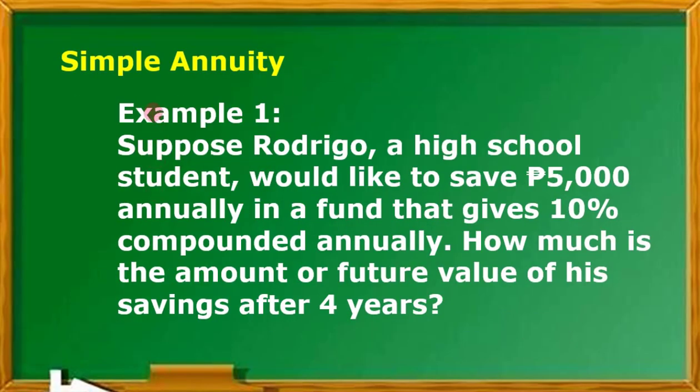For simple annuity, we have example number 1. Suppose Rodrigo, a high school student, would like to save 5,000 pesos annually in a fund that gives 10% compounded annually. How much is the amount or future value of his savings after 4 years?